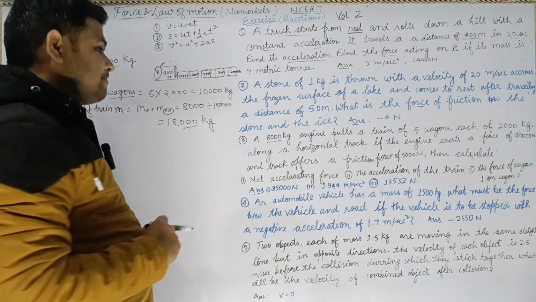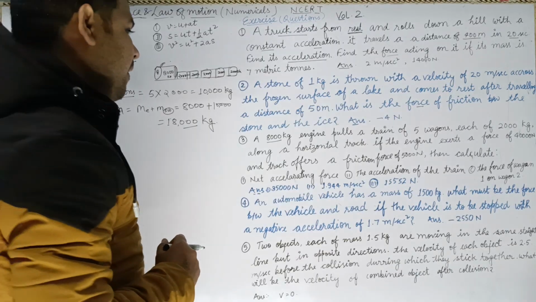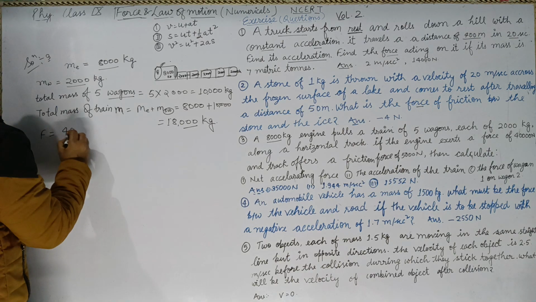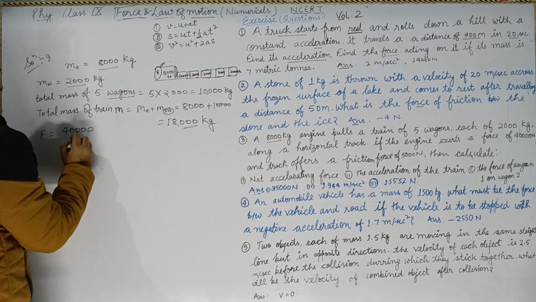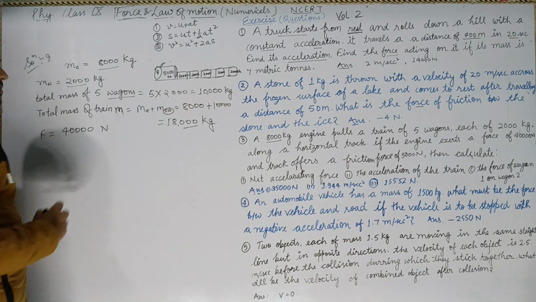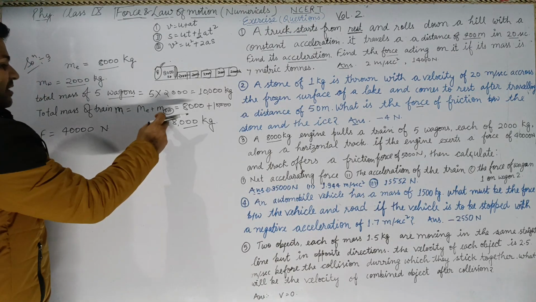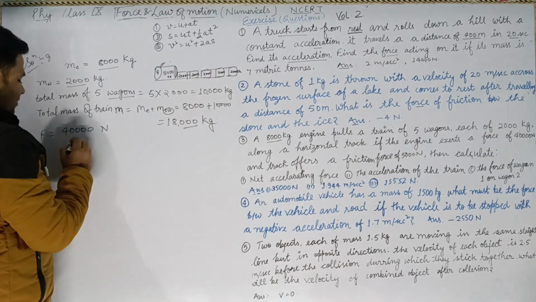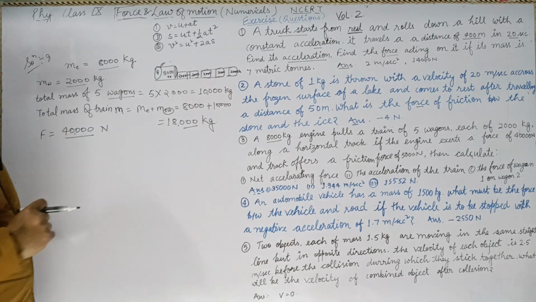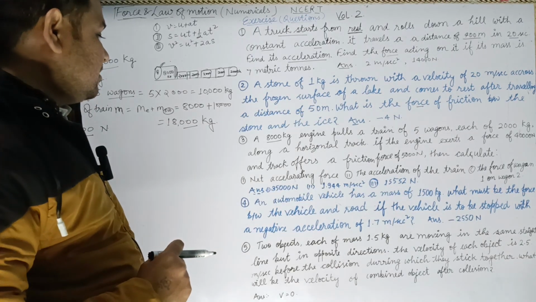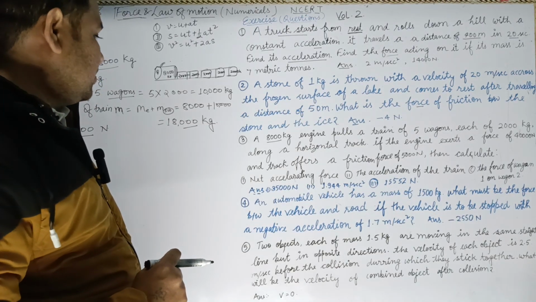The force applied by the engine is 40,000 Newton. But the track applies a friction force of 500 Newton.